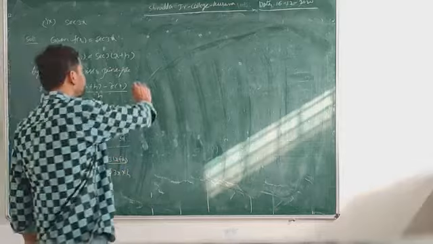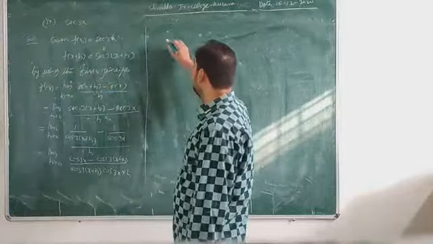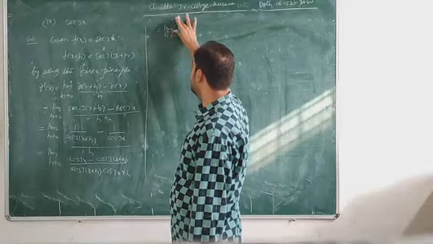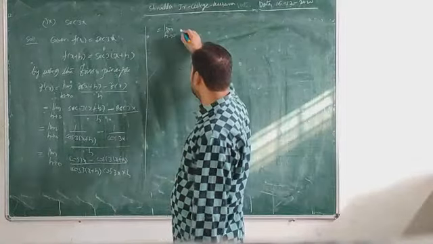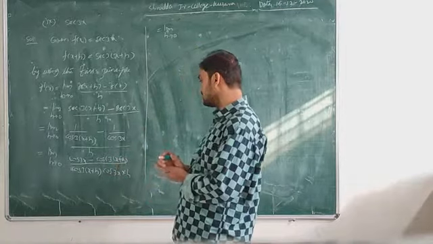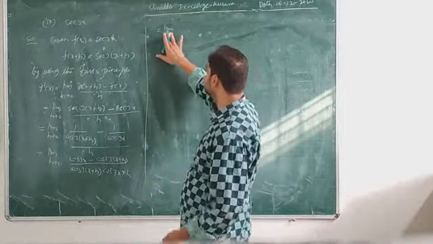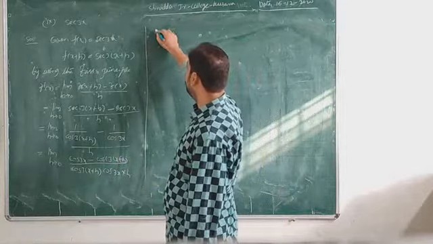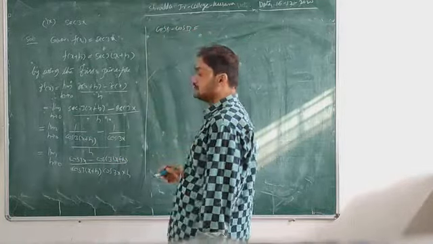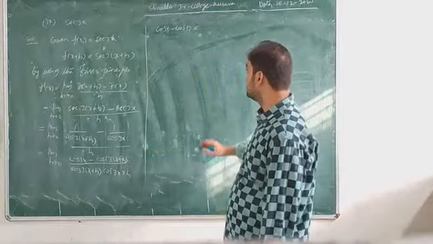See now, this is equal to limit h tends to 0. This is which form? Cos c minus cos d. First we have to write the formula for cos c minus cos d.